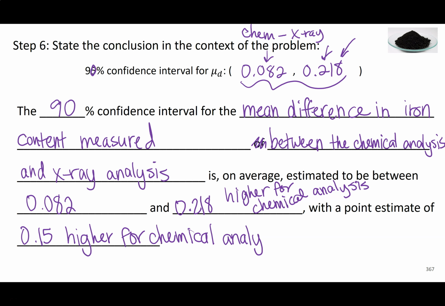And there you go. But once again, the sample size was 4. We definitely have issues saying we believe the differences of the population, so if all the analyses done for all samples you could take with X-ray analysis and chemical analysis and take the differences, that population of differences, we don't know if it's normal.